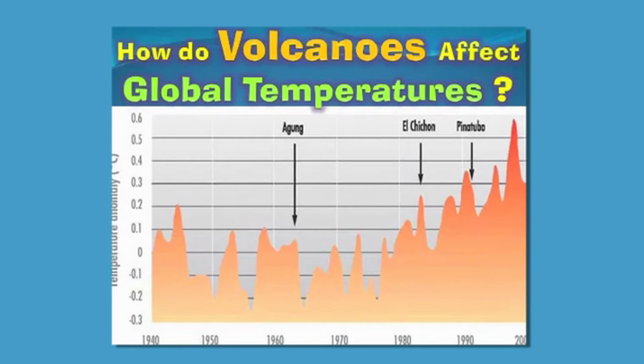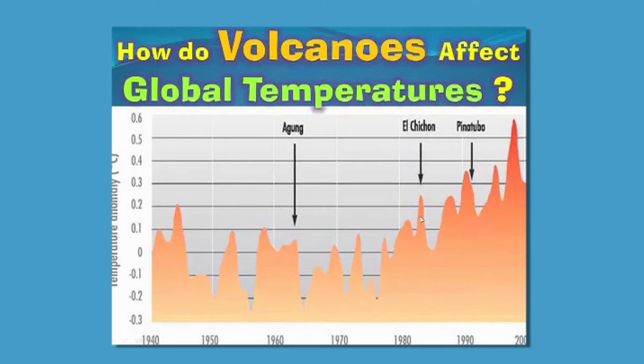Now, volcanoes have an effect on our climate, and they actually provide a temporary cooling. So we're going to just take a look at three volcanoes and see how they cooled the actual temperatures of the atmosphere. In the 1960 timeframe, we had a volcano, and you can see immediately after that major volcano, there was a dampening of temperature.